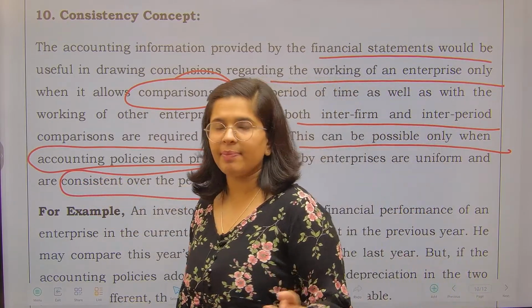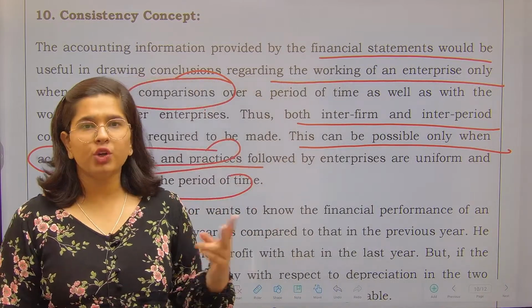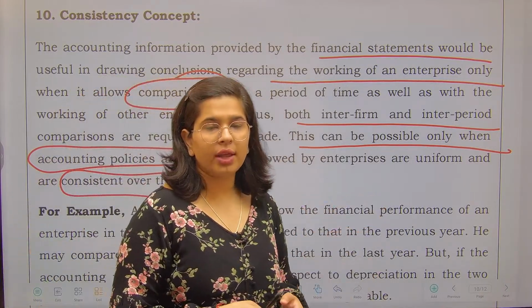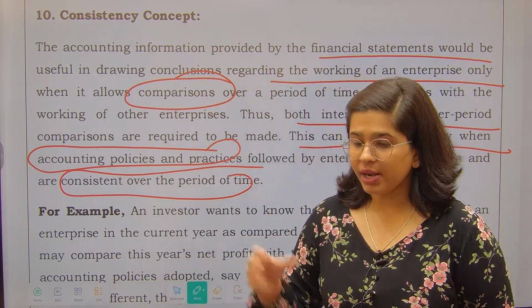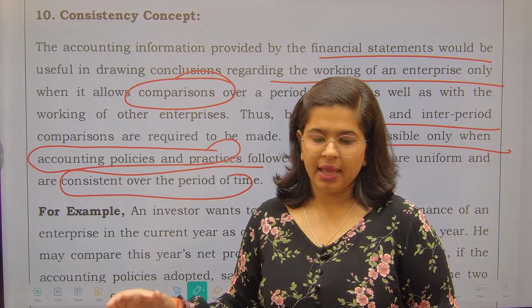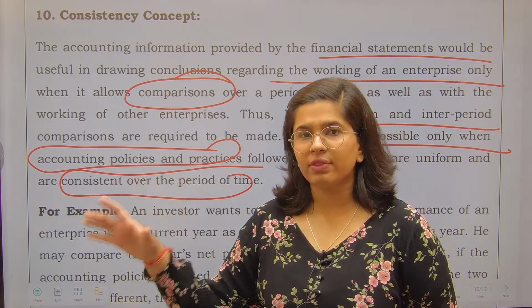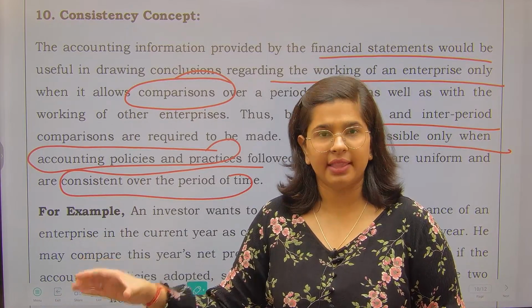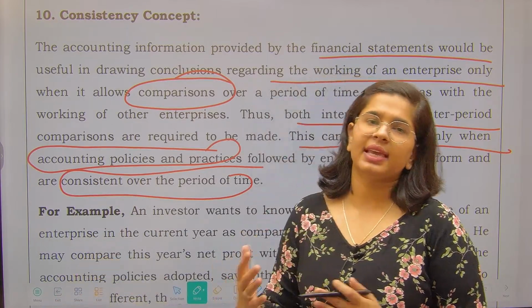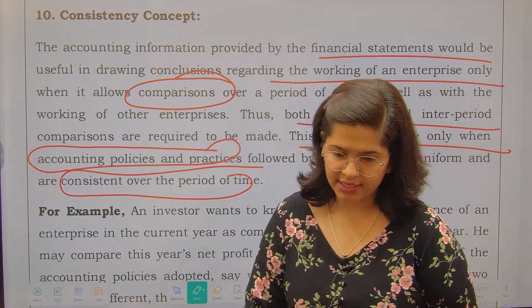And even if, coming back to your question, suppose there are two entities, both of them following different accounting principles, let's assume that. They will give the full disclosure that because of our following of this accounting principle, this is the financial impact, so that the investor can make a calculated decision.